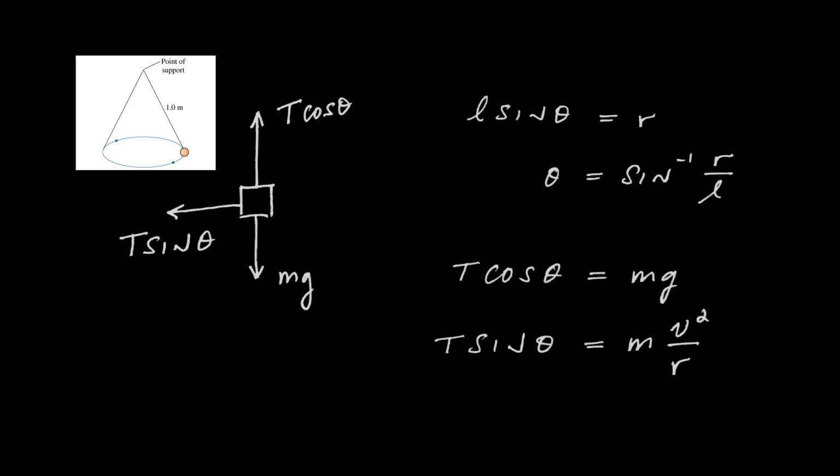If you're really clever, you'll take these two equations and stick them together, and you'll get a final result that says that the speed of a bob in a conical pendulum is equal to the square root of gr times the tangent of theta. Take a few minutes and be ambitious. See if you can work out that important result of circular motion.